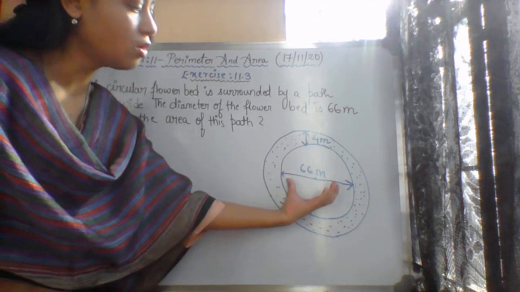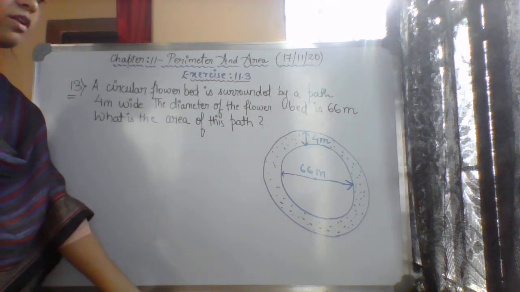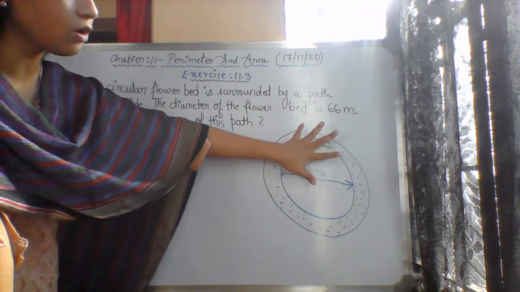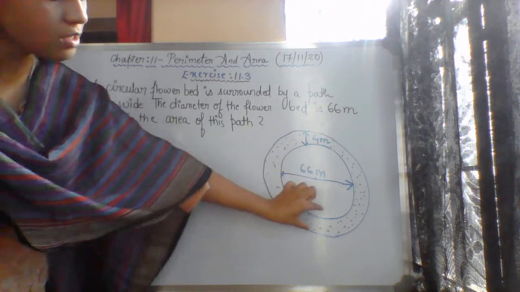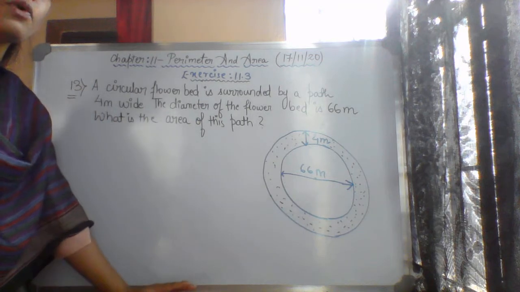Diameter of this smaller circle is given. The width of that path is given. You are going to find out not the area of the flower bed, not the area of the whole thing. You are going to find out only the area of this path.